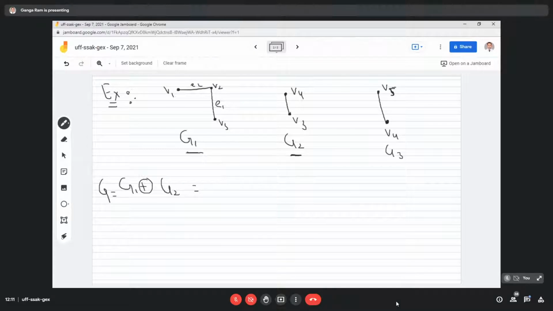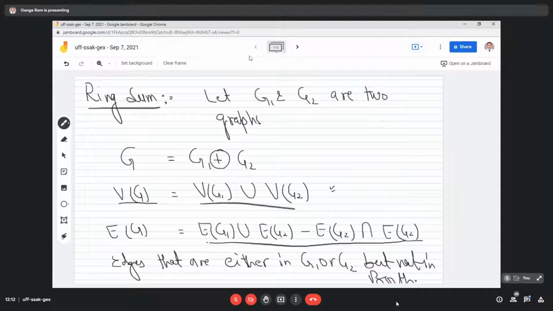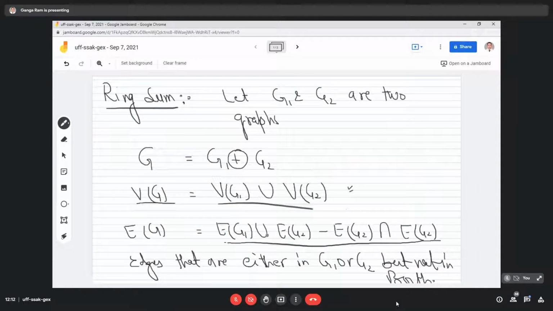So here V1, V2, V3, and V4. The vertex set is this one, and for the edge set, you will take only those edges of G1 or G2, but not common.